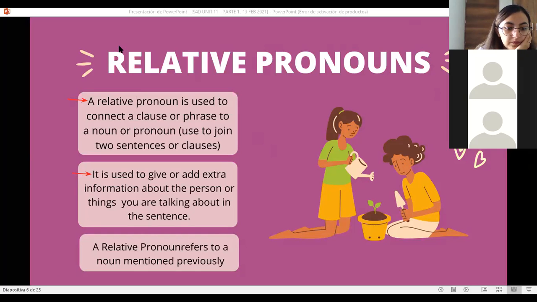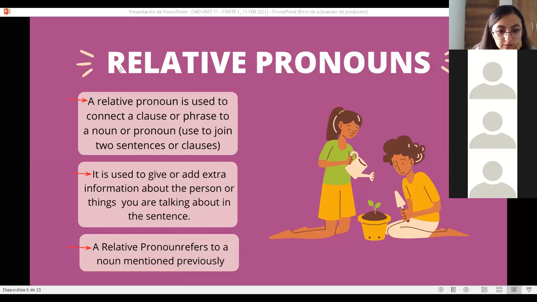Very good. And the final phrase, please help me reading, Madeline. A relative pronoun refers to a noun mentioned previously.